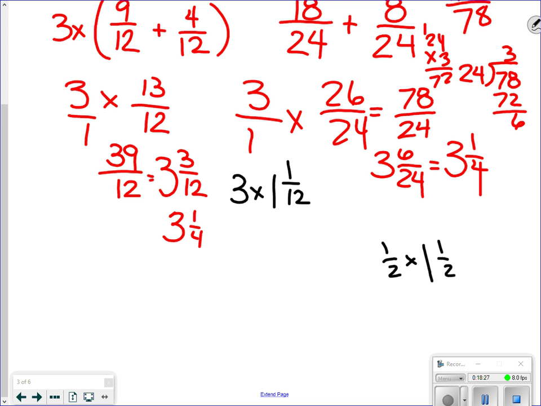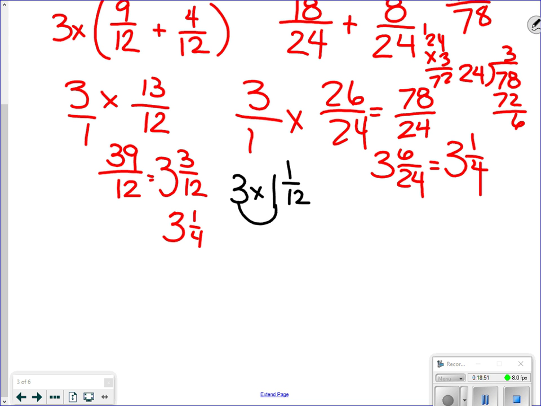Okay? I can do this. I cannot do this. So if you will have problems that have this, you'll have to make this improper, then work it. Okay? So for this, it's super easy.